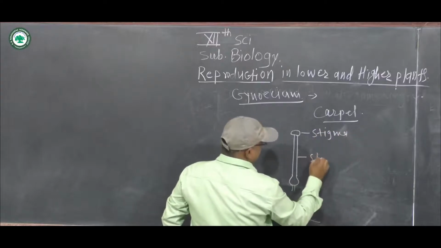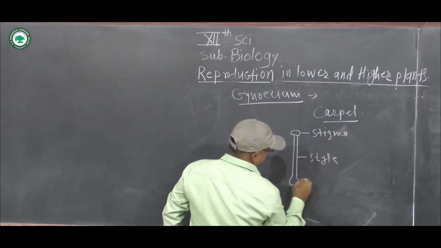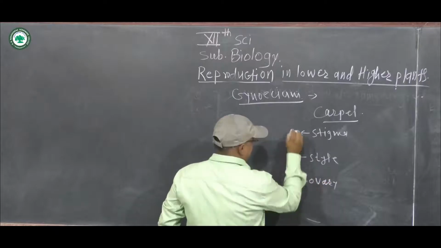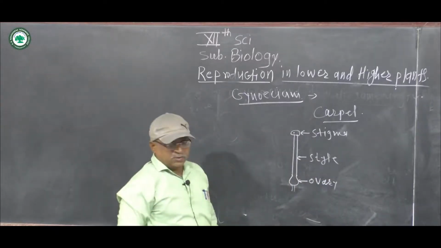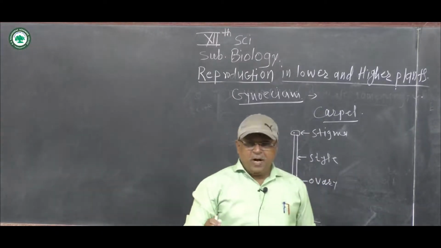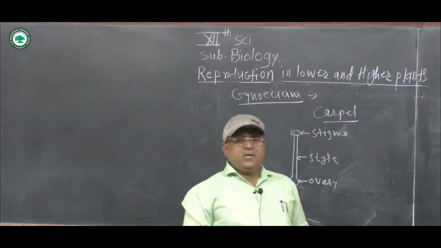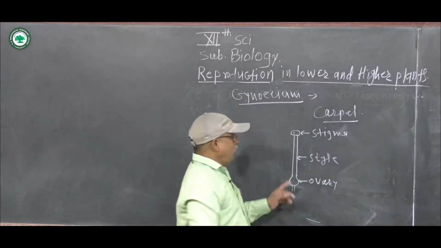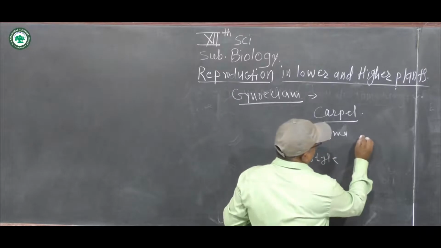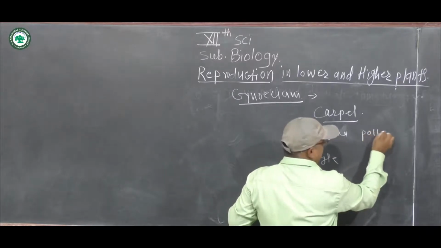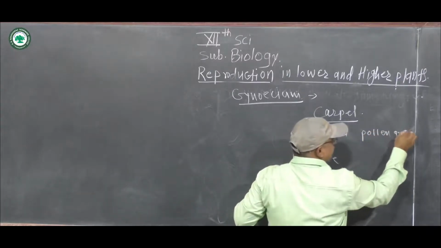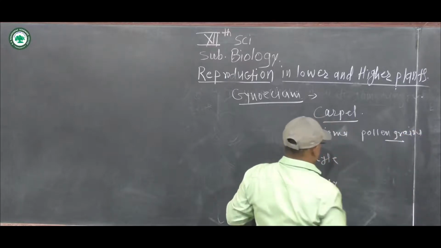Stigma, style and ovary. Stigma is a receptive part. A receptive part means they receive the pollen grains. The pollen grains are received.